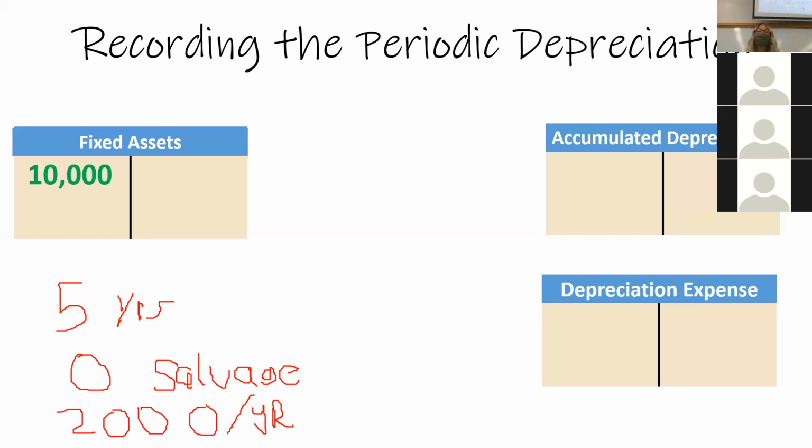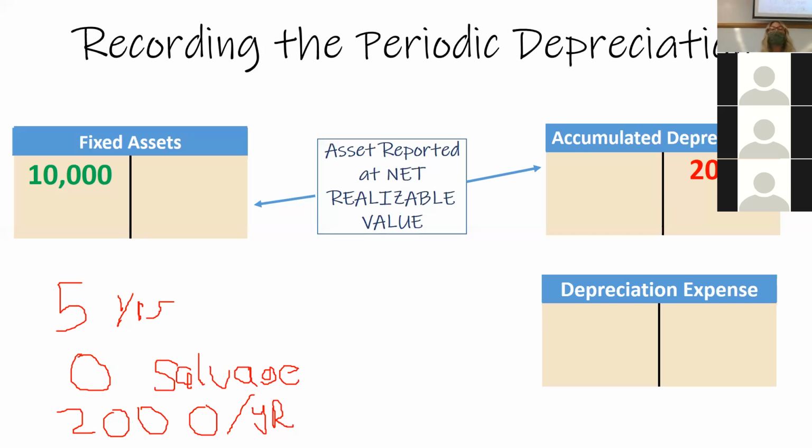Some companies record depreciation monthly, some record it and adjust it at the end of the period. We're assuming that we're adjusting at the end of the fiscal year in which we've been using the asset. So we would record a credit to accumulated depreciation, and we do it that way so that we can see the historic cost of the asset in the $10,000, but also see this contra asset account and determine the net realizable value.